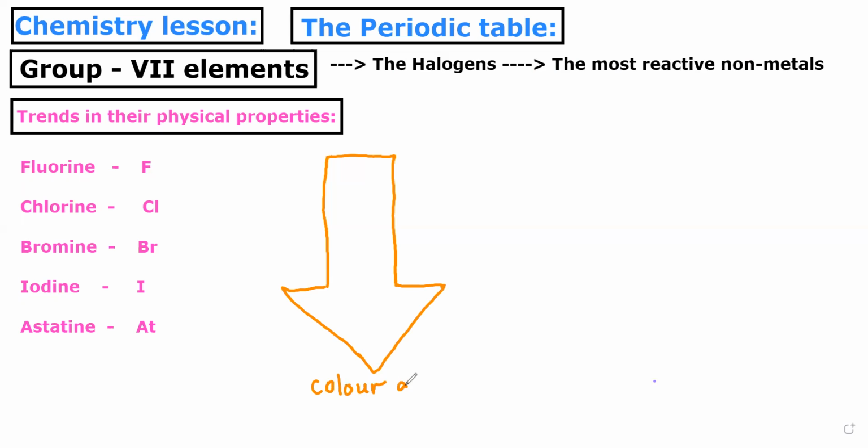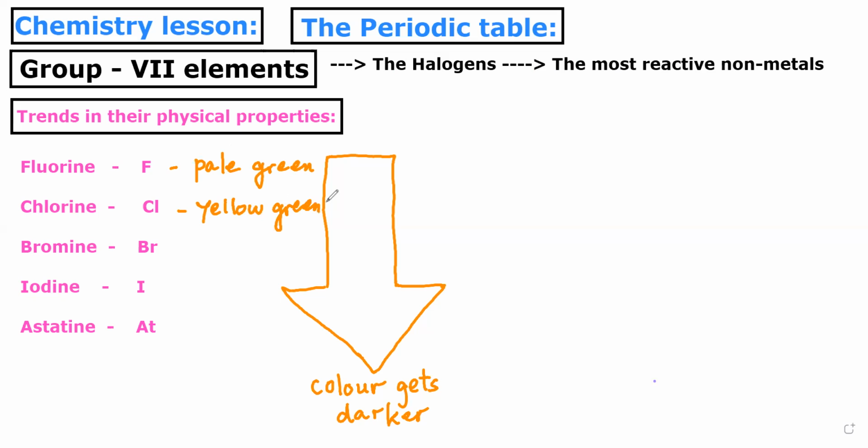What does it mean when we say color gets darker as we go down the group? Fluorine is pale green. Then chlorine is yellow green.